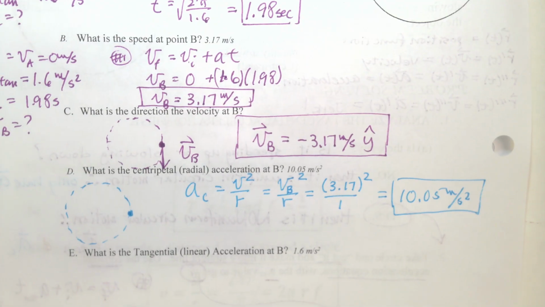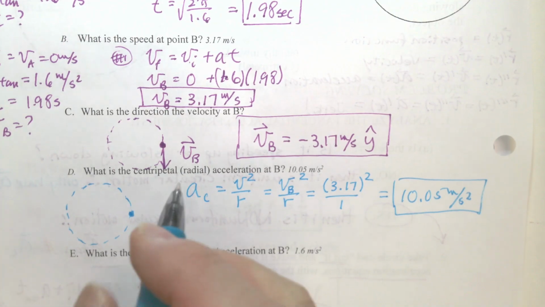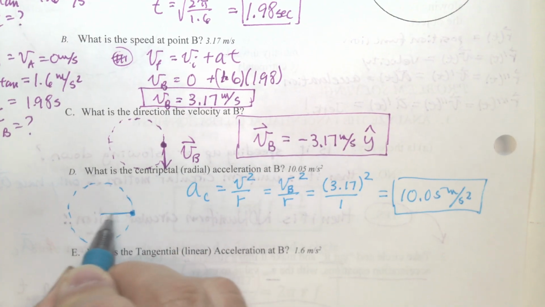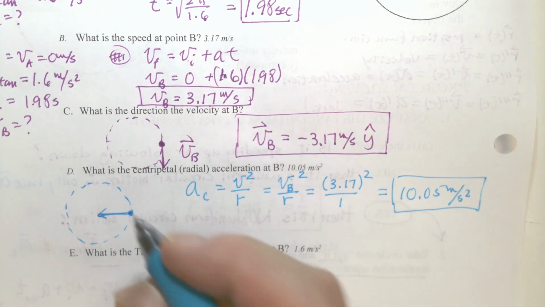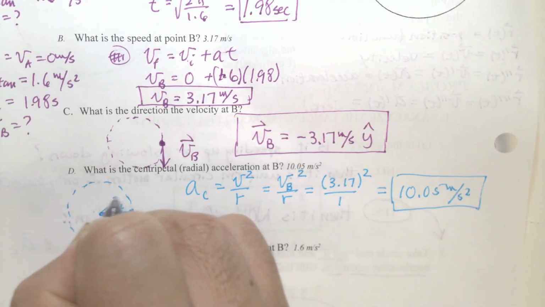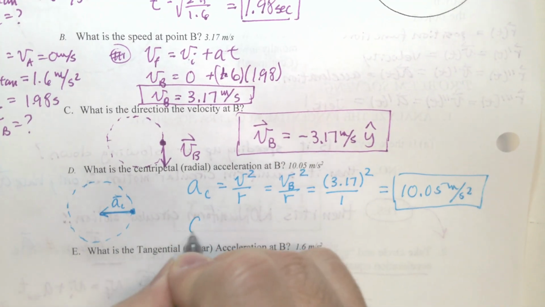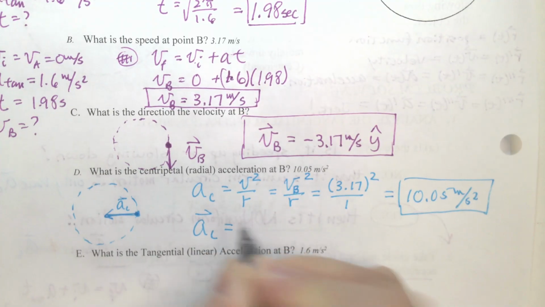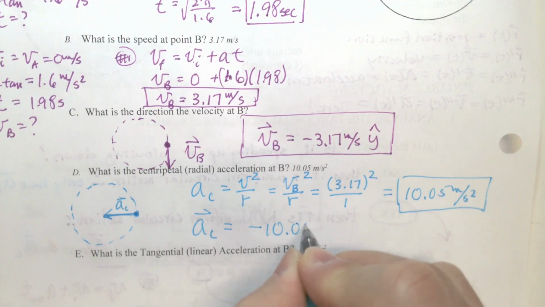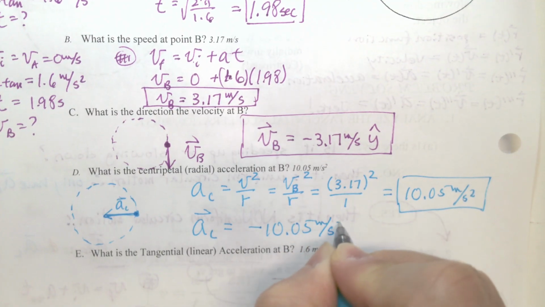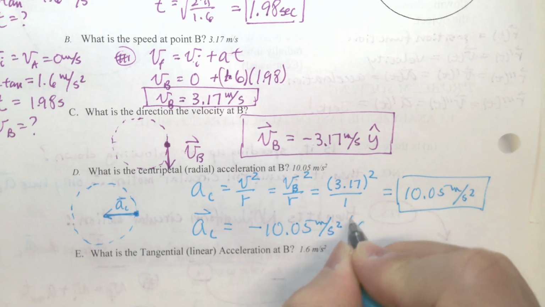Towards the center, which is to the left, right? So my A sub c can be written as negative 10.05 meters per second squared x hat.